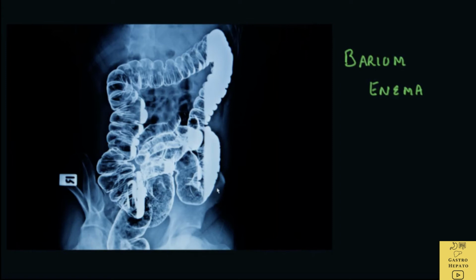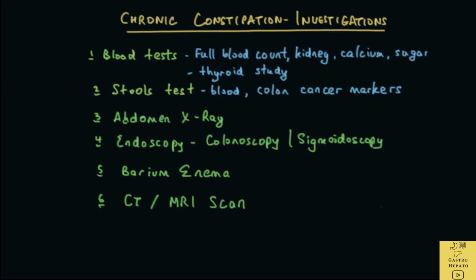The actual test involves a lubricant tube to insert a dye called barium into the rectum. It highlights the structure of the rectum and the colon. CT or MRI scan of the abdomen is done if more serious conditions like cancer or inflammatory bowel disease is suspected.